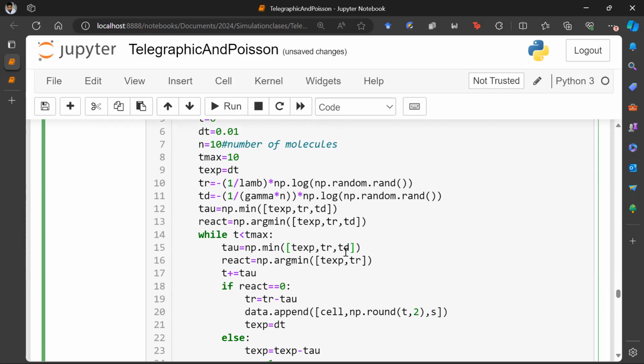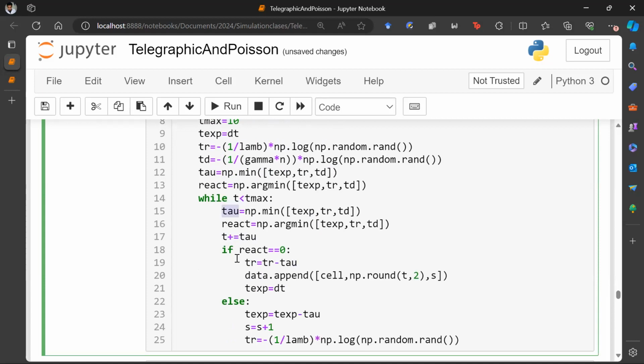And the same, I calculate the minimum and I move the time forward by the minimum. Okay, the first reaction is production, so I do the same, but now the number of molecules is N, and I subtract the tau for the other reactions that are not production. So I have 2 reactions here.